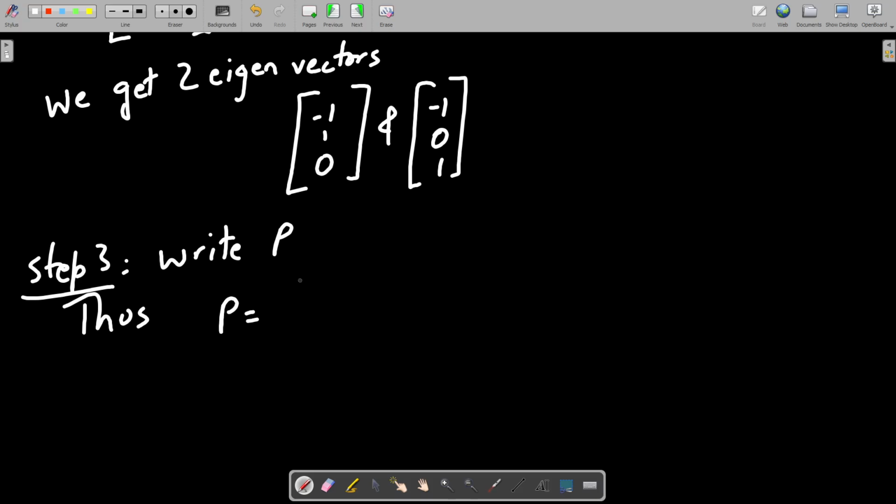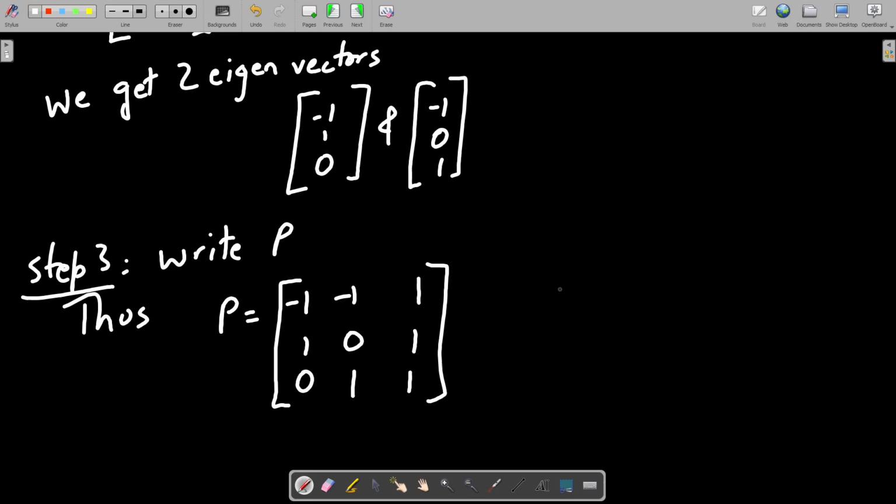So P is equal to minus 1 1 0, minus 1 0 1, and 1 1 1. So what should be D? Keep in mind you are using the same order, minus 1 and 2.